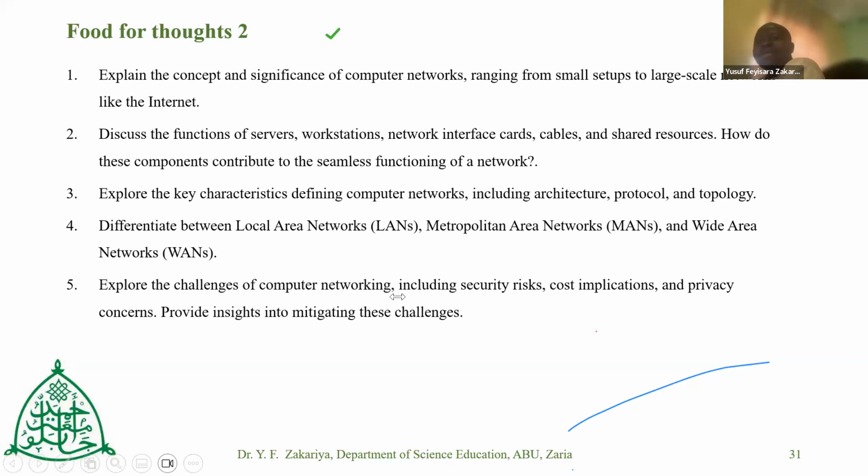But to make this simpler for you, I became specific by saying security risk, cost implications, and privacy what? Concerns. These are the 3 aspects I want you to explore the challenges of computer networking. Don't bring a 4th one. Then provide insight into how you can mitigate these challenges. That is how you can overcome these challenges.